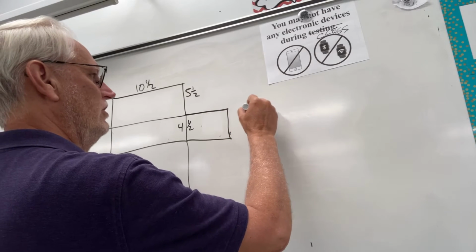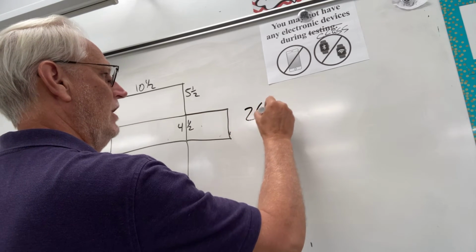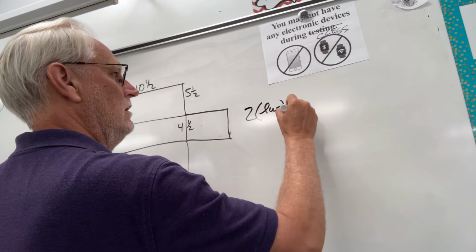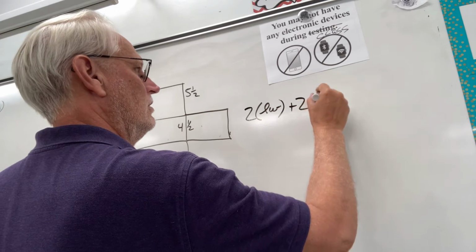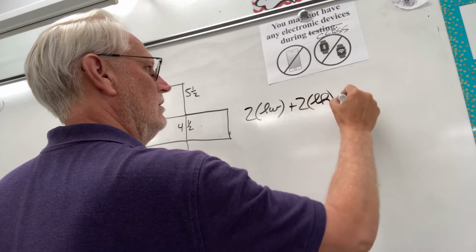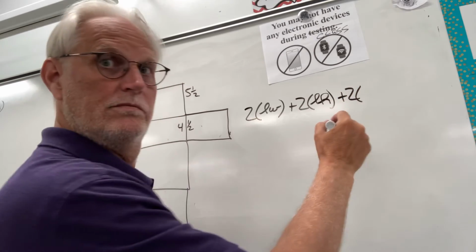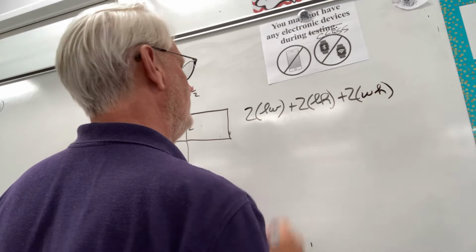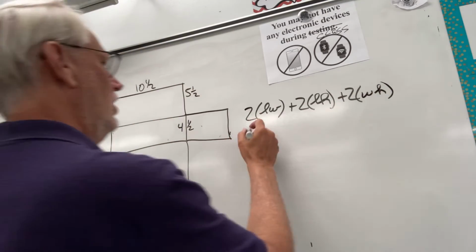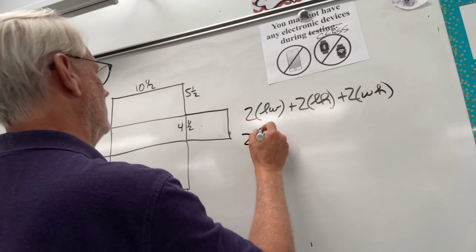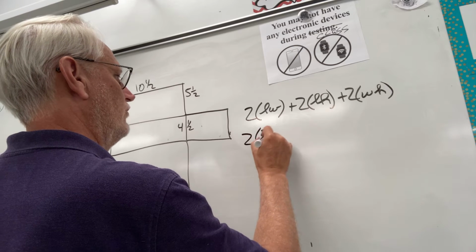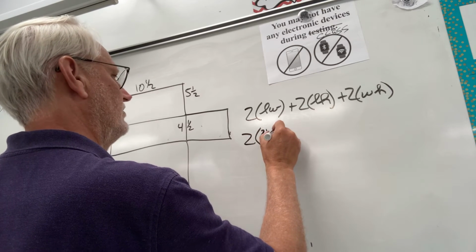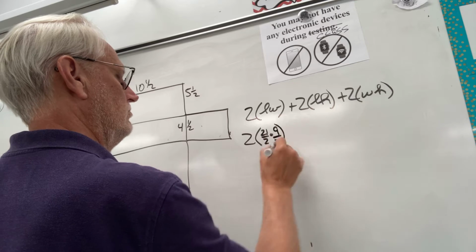So surface area is equal to 2 times length times width plus 2 times length times height plus 2 times width times height, right? So I'm going to go 2 times 21 over 2 times 9 over 2.